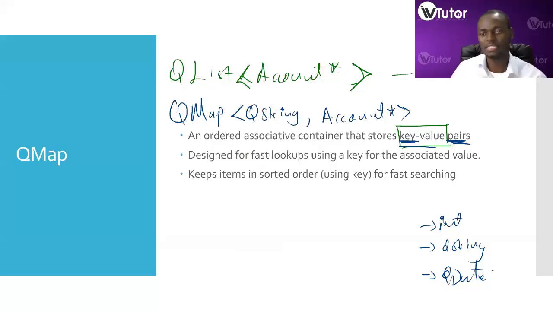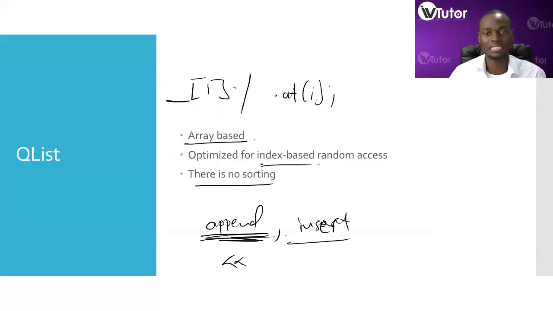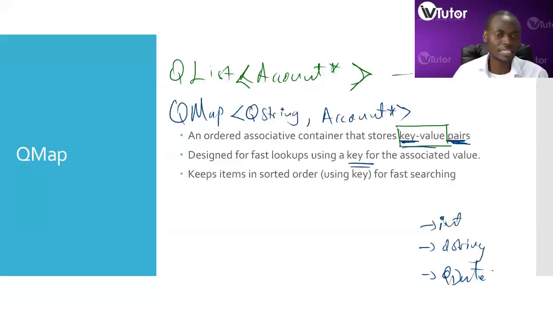So this one is designed for key-based lookups, whereas a QList is designed for index-based lookups. Now, the last point is it keeps items sorted using key for fast searching.